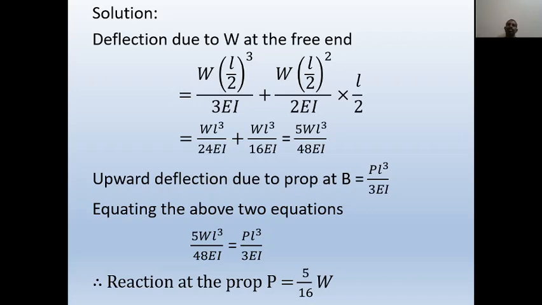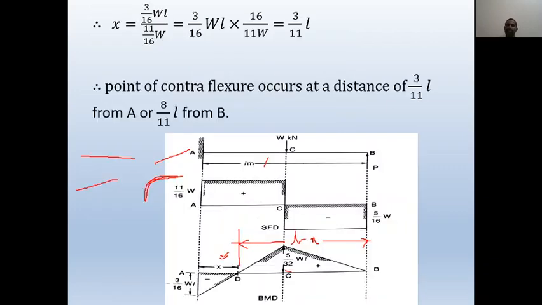By simply plotting values at all those points, you will get the shear force as well as bending moment diagram. And obviously you can also determine the point of contraflexure, either by equating moment to zero or from similar triangles.